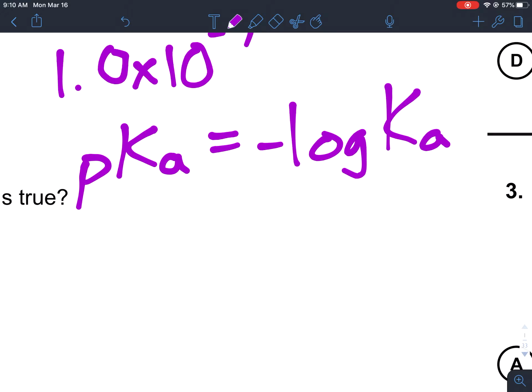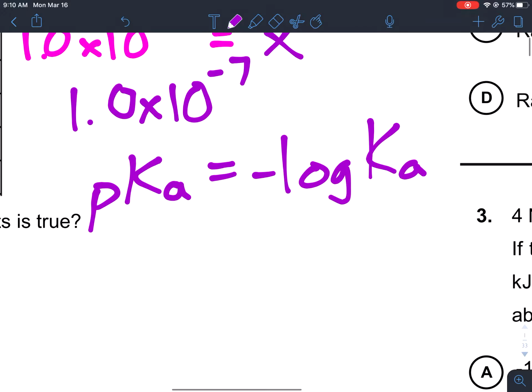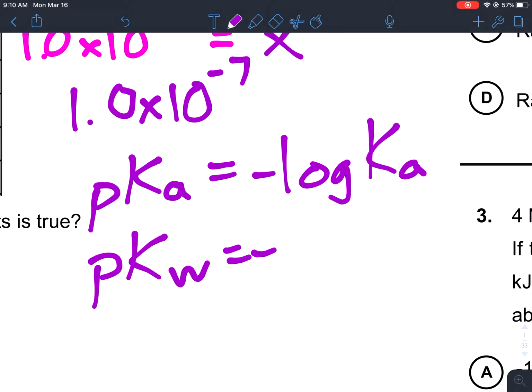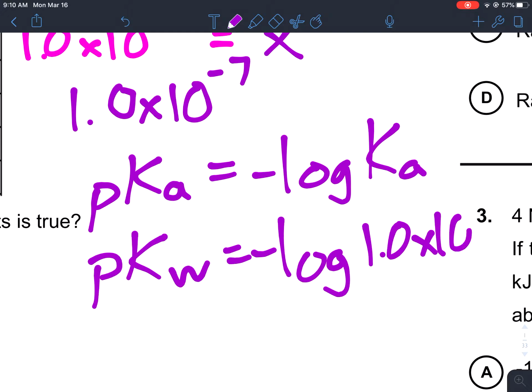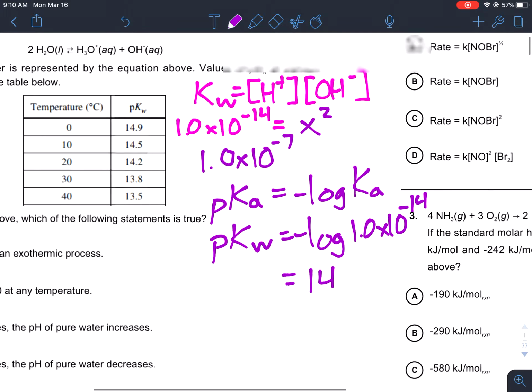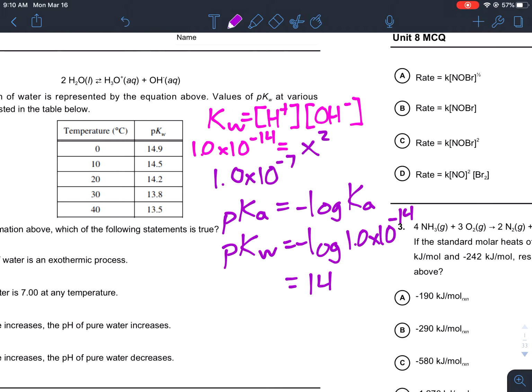Well, that makes, in this situation, if you took the pKw, you would have the negative log, at least at 25 degrees Celsius, of 1.0 times 10 to the negative 14. So your number would be 14 here, of normal Kw.